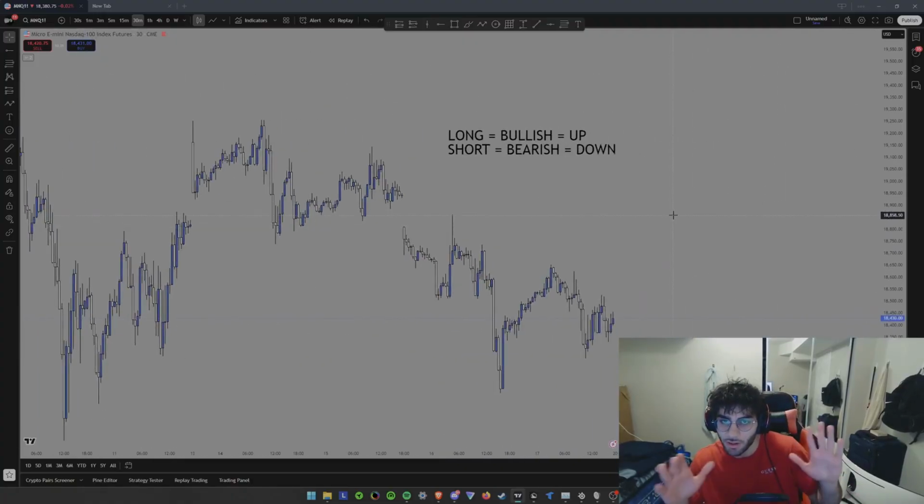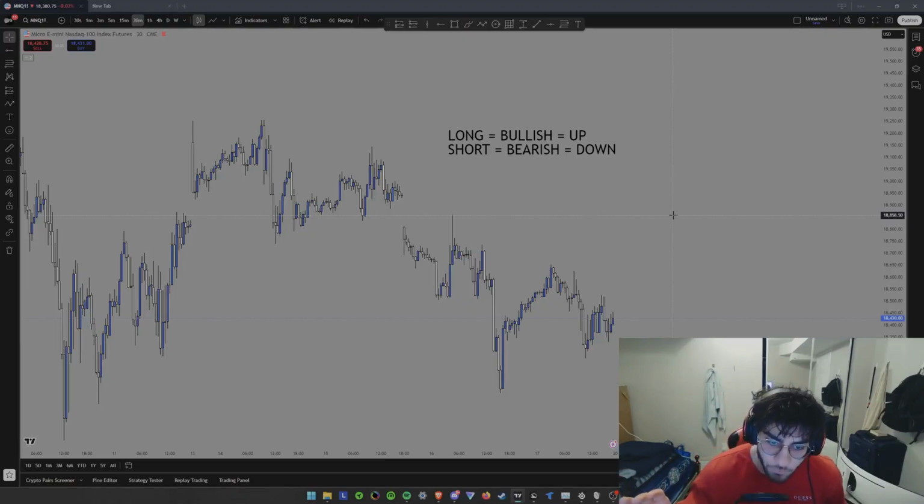Okay, so that was an overall description of candlesticks and how they work. I'm going to give you guys some work to do on your own to understand this a little bit better, because you're never going to understand it unless you do things yourself.